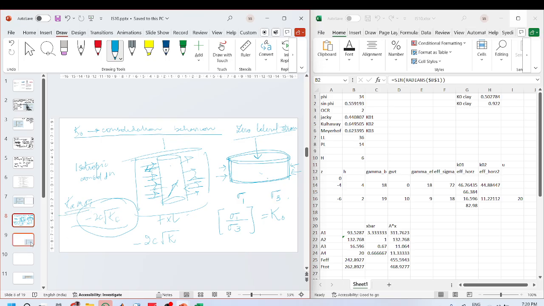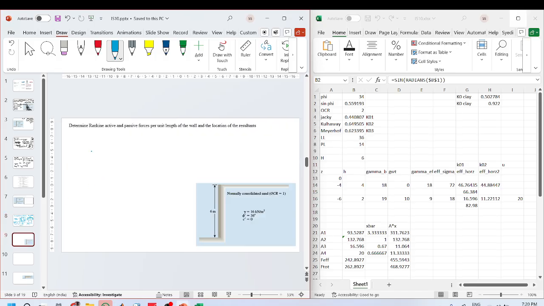Let me remind myself. I am a little bit out of touch with this subject. You can answer later, madam, after spending some time. I have raised this concern also in a problem solving session group forum: why they don't discuss the K naught condition, particularly for clays?